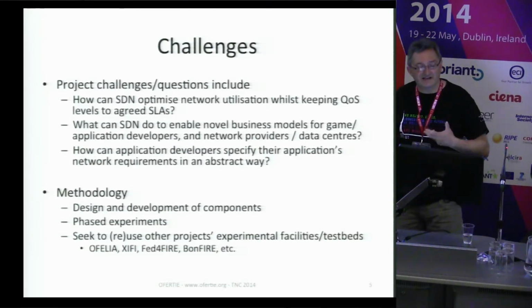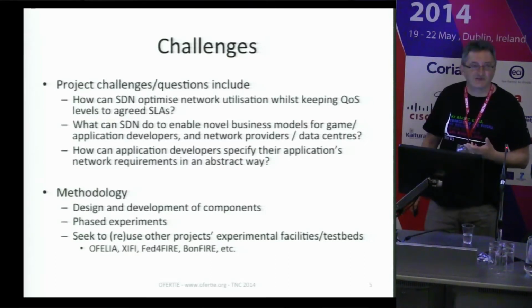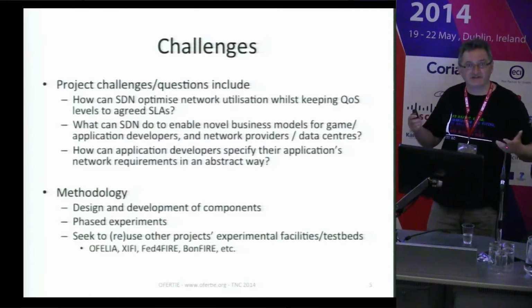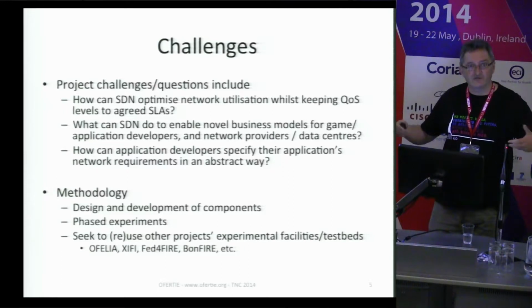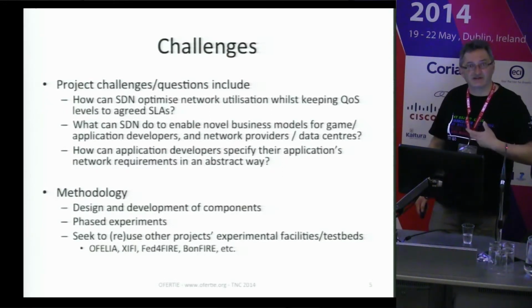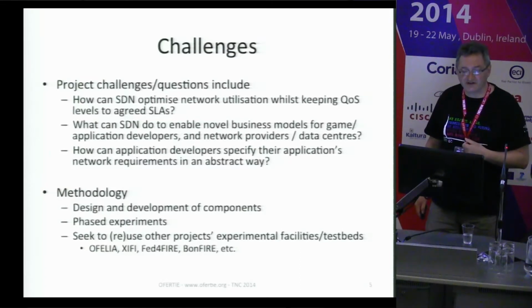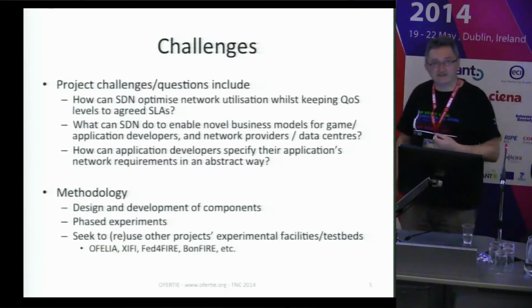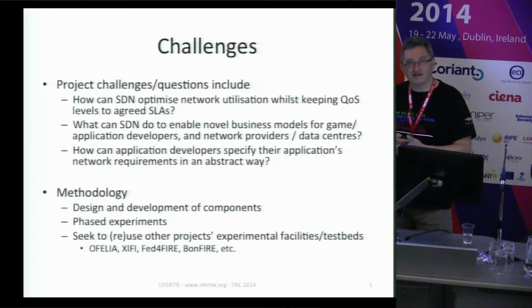There's the classic question of how, with a software-defined network, you can maximize the utilization of the network while also keeping to the SLAs that you've agreed as part of the provisioning of that network. We've also been looking at the different business models that exist for collaborative applications, the types of businesses that are developing massively multiplayer games and these types of world editors.